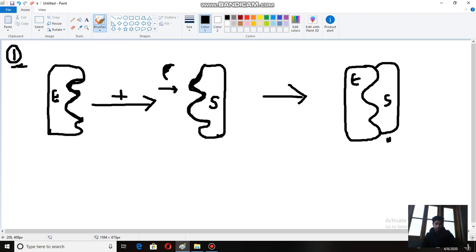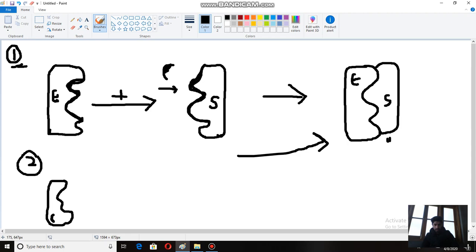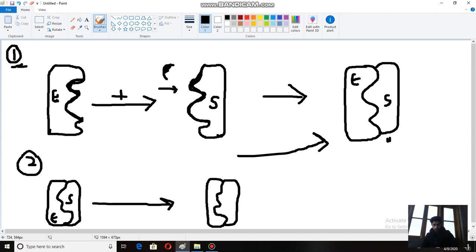Now in step number 2, this enzyme substrate complex, this is enzyme E and this is our substrate S, gets converted into enzyme product complex. Now it's E, and this is not substrate. Now products have been formed.